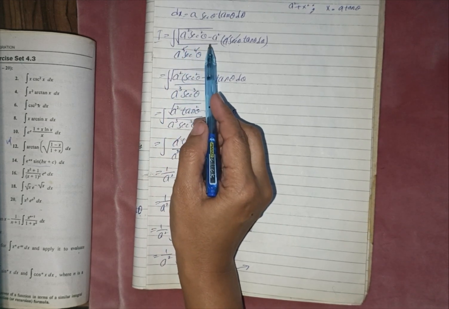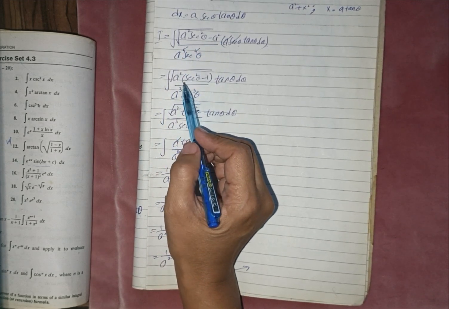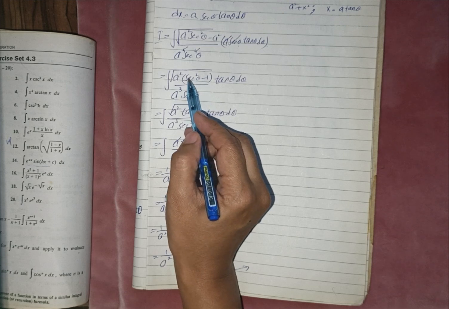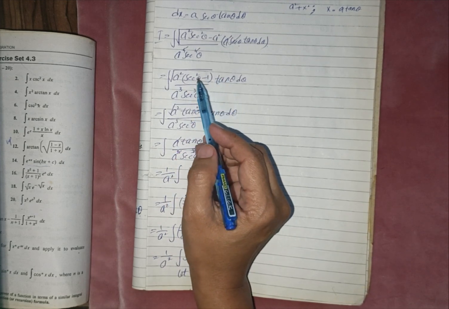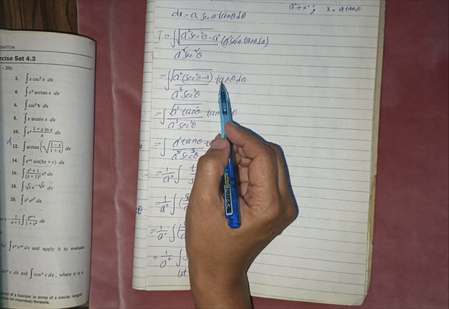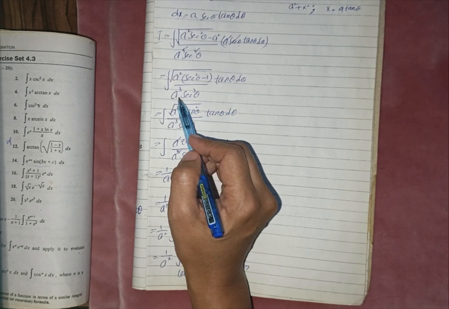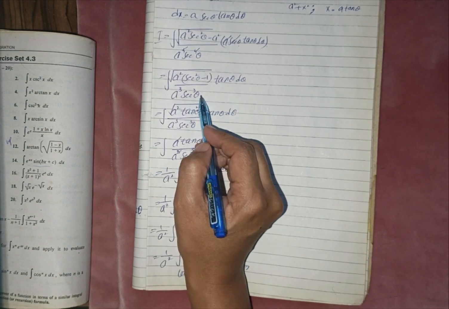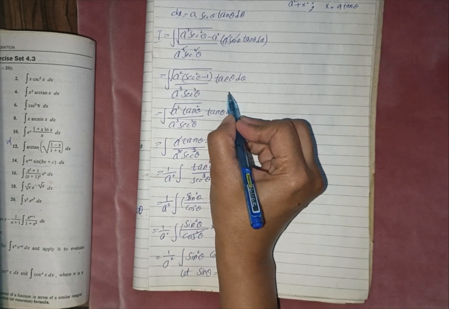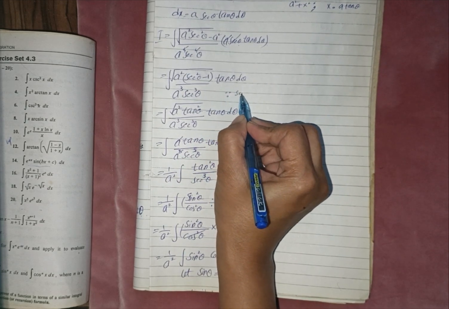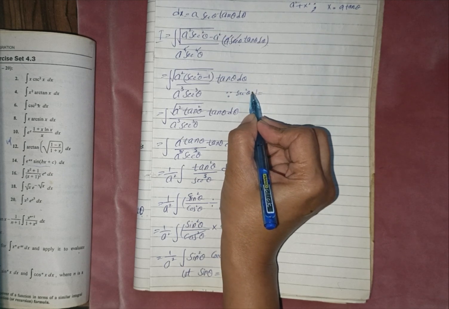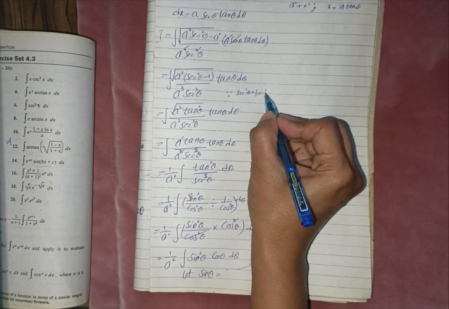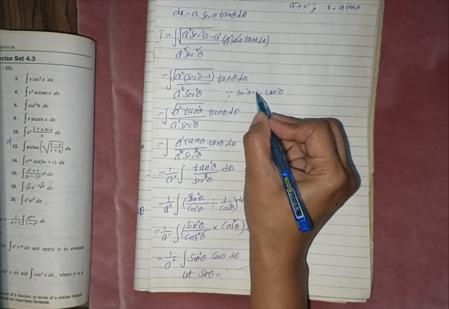Take a square as common. From the square root, we will have secant square theta minus 1 inside the square root, and outside the square root we have tan theta d theta upon a cube secant cube theta. Put the value of secant square theta minus 1, which you know is equal to tan square theta.